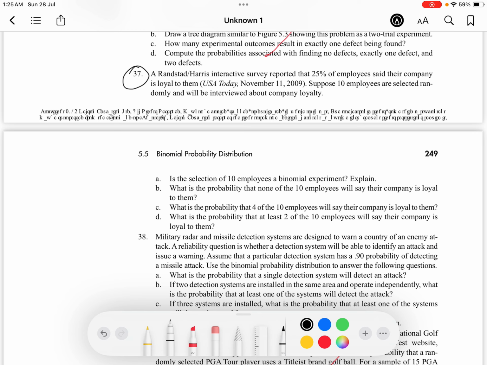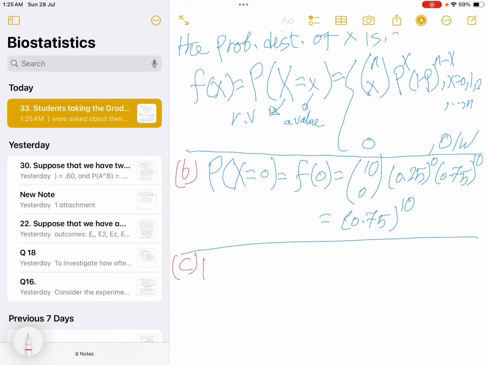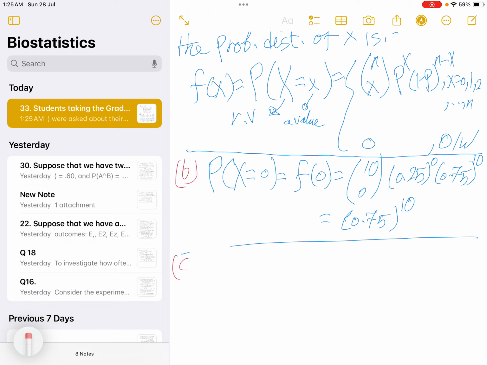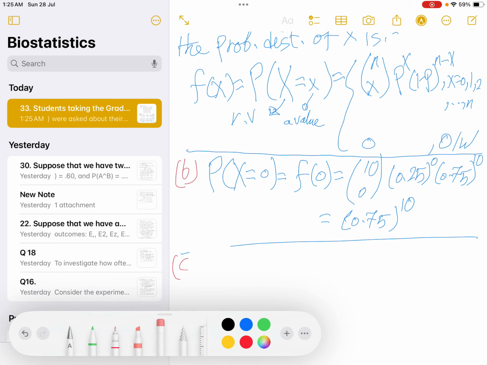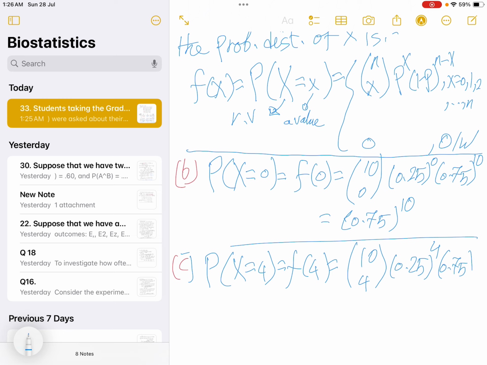It means probability of X equal 4, which is 10 over 4, 0.25 to the power 4, and 0.75 to the power 6. Don't find the last answer. I don't want it.